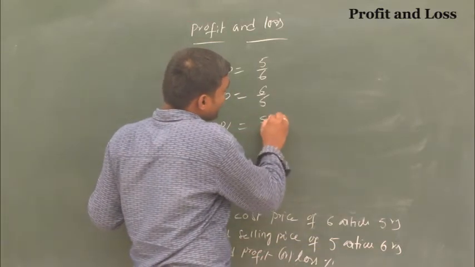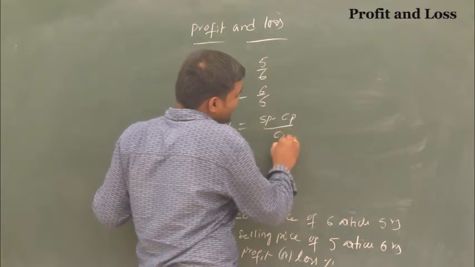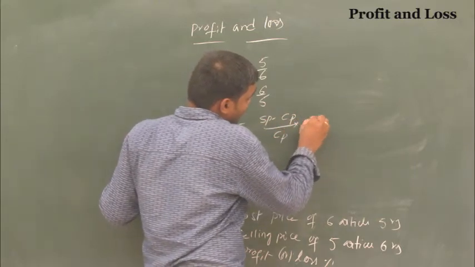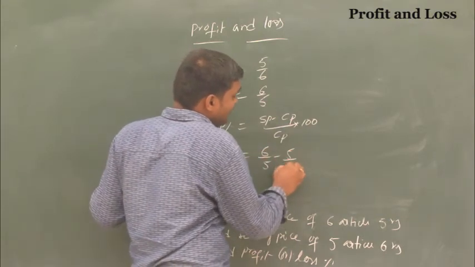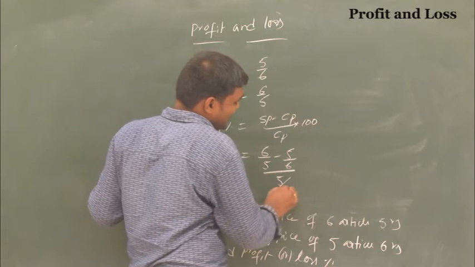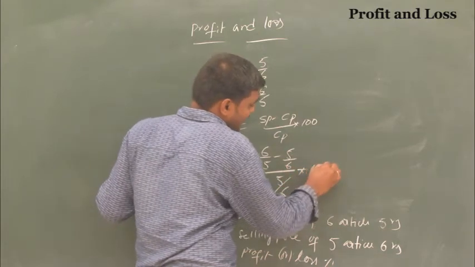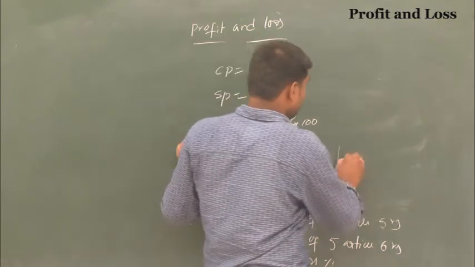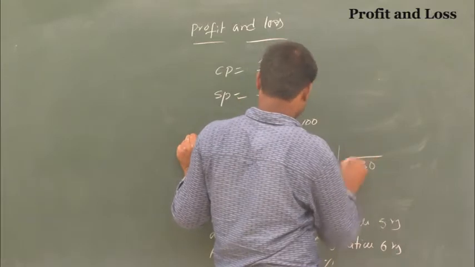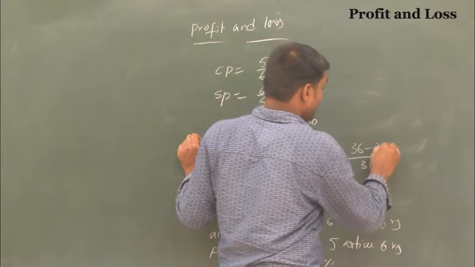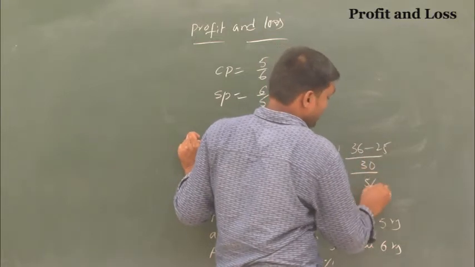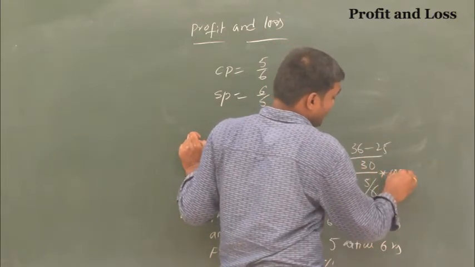Profit percent equals (SP minus CP) by CP into 100. So that is (6 by 5 minus 5 by 6) by (5 by 6) into 100. Here the LCM is 30, so (36 minus 25) by 30, divided by 5 by 6, into 100.